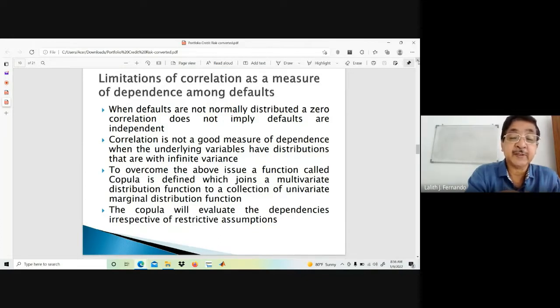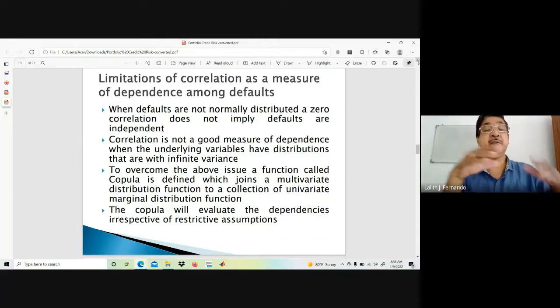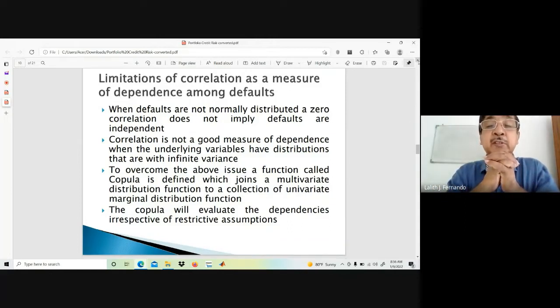Irrespective of the assumptions, basically we have to assume that all the defaults are distributed in a normal distribution. Even without that assumption, the copula will help us to do the evaluations.